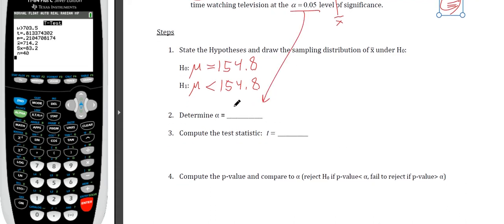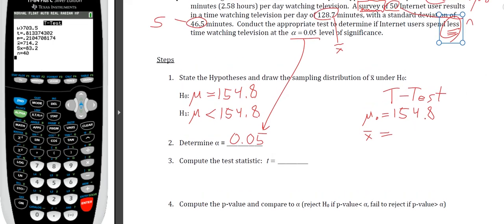Alpha was given to us as 0.05. And we can find our test statistic using t-test. With t-test, we have first mu sub 0. That's going to be the value from our hypothesis test, 154.8. We have then x bar, since we're on stats, we have x bar was 128.7.